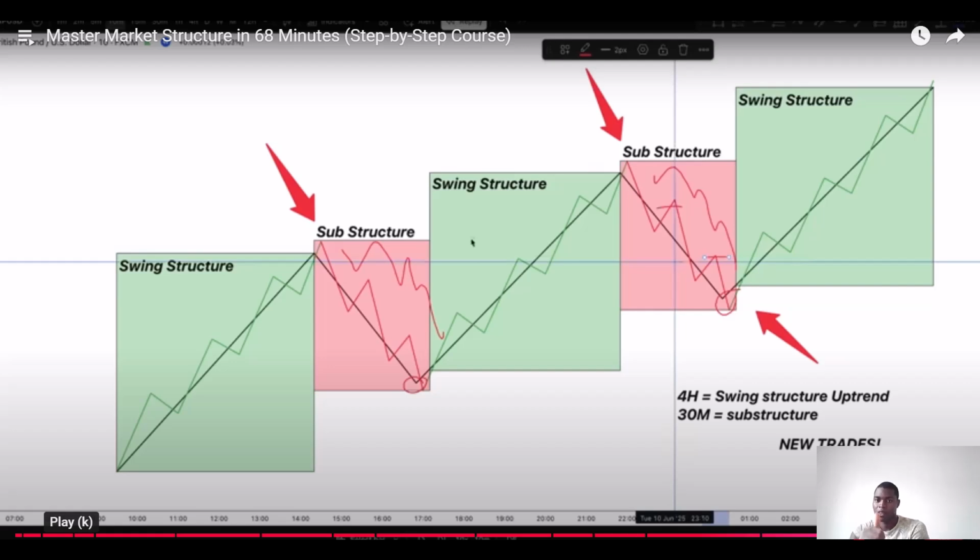Oh, I have to appreciate these guys for this. This guy is a beast in terms of explaining in detail. It's actually a mastered market structure, and it's the best title for it.